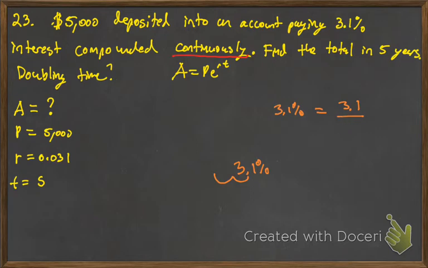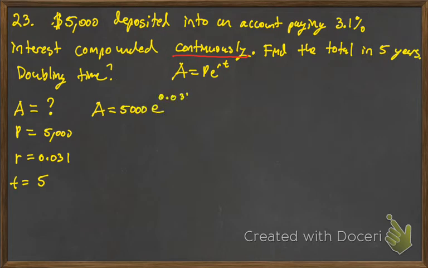Alright, let's move this stuff off the screen. Okay, and t is 5, and that's what they're asking us for. So we just plug it into the formula. 5,000 e to the 0.031 times 5. We'll write it in how most likely your calculator will take it. The parentheses are absolutely essential there in the exponent.